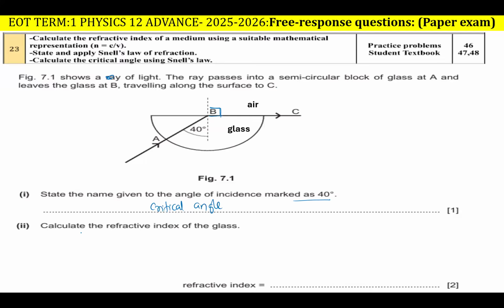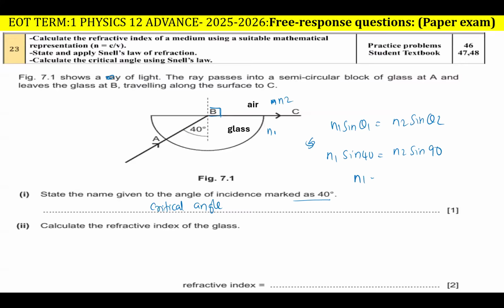Now they are asking to calculate the refractive index of the glass. Here also I can say this is medium 1, n1, and this is medium 2, n2. You can use the equation n1 sine theta 1 equals n2 sine theta 2. So n1 sine 40 equals n2 times sine 90, because the angle of refraction is going to be 90 degrees for a critical angle.